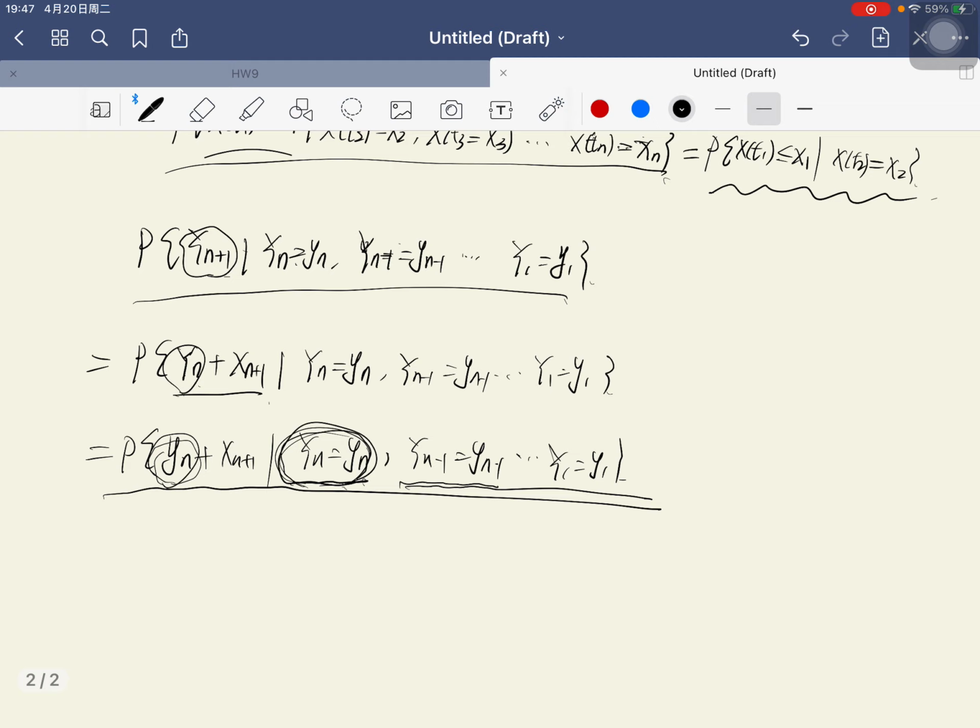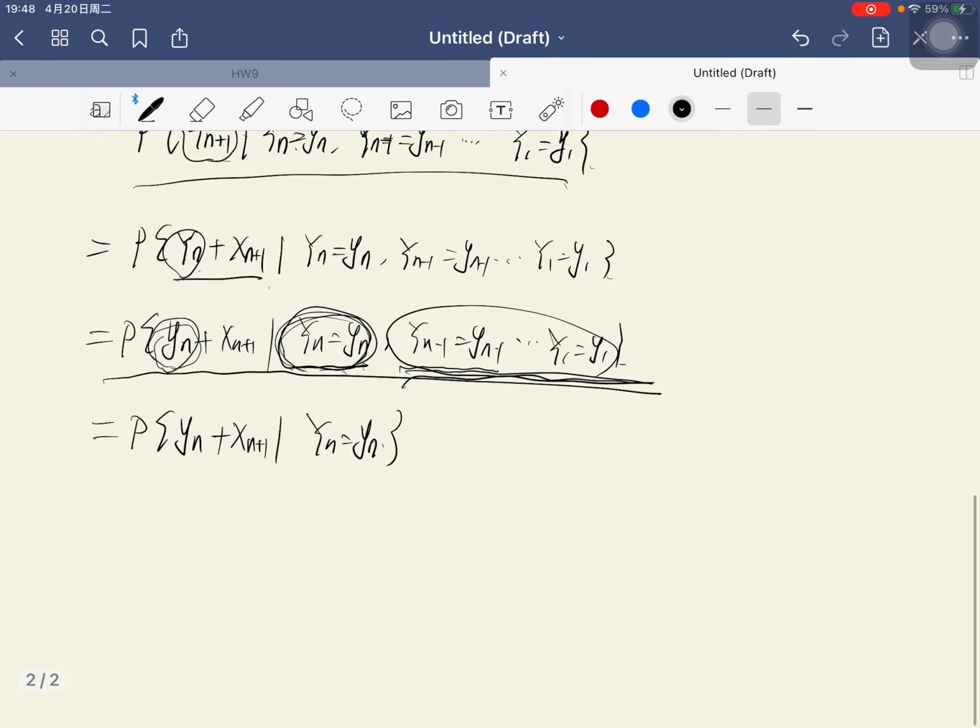So it equals the probability of yn plus X(n+1) in the condition that Yn equals small yn, and the earlier conditions have no influence. So we could restore it to the probability of Y(n+1) in the condition that Yn equals yn.